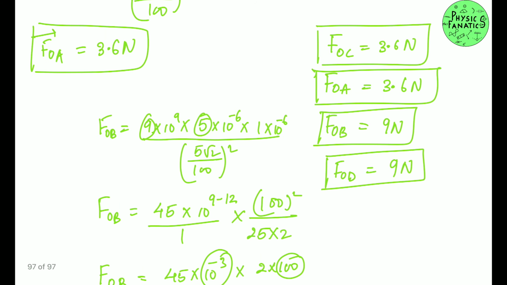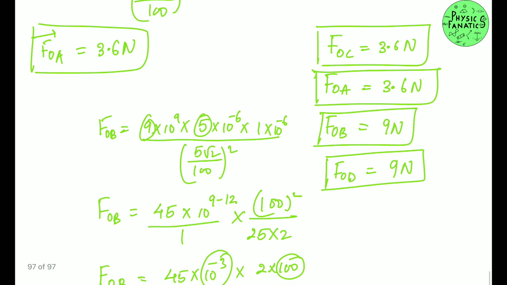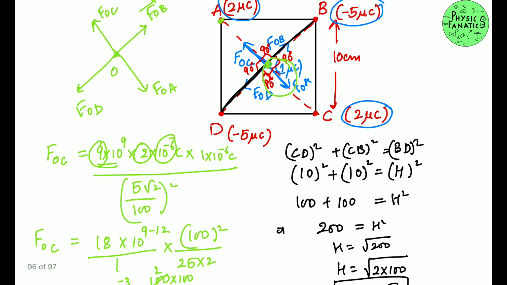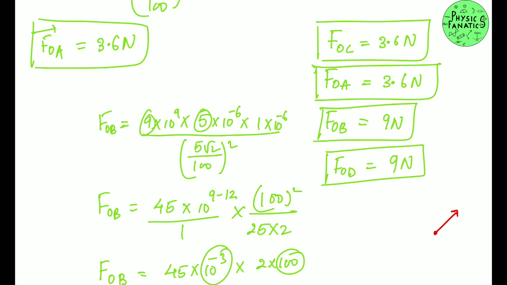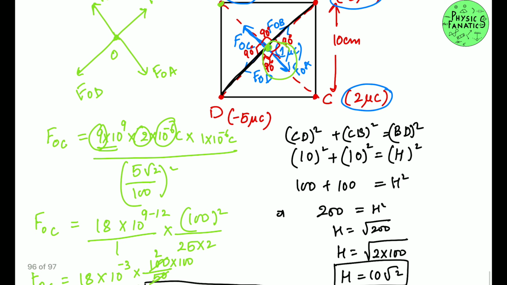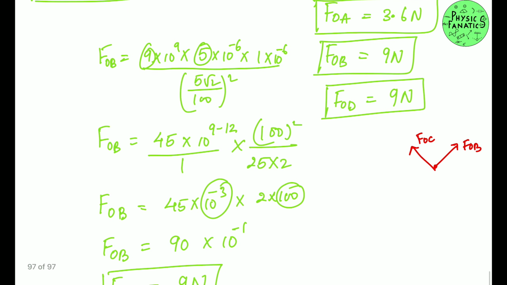Again, now you have to understand here, let me draw the vector diagram. This was your FOB, this is your FOC, and FOD and FOA.